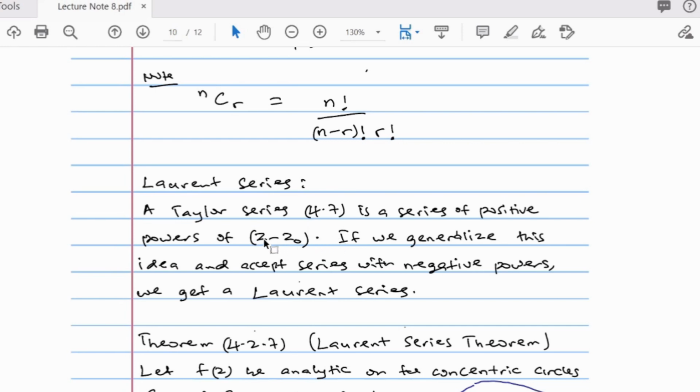If we allow z minus z naught to be raised to the power of negative integers, then we're talking about Laurent series. So Laurent series is just you generalizing the idea that you have in Taylor series by allowing your z minus z naught to be raised to the power of negative numbers. So that is Laurent series.